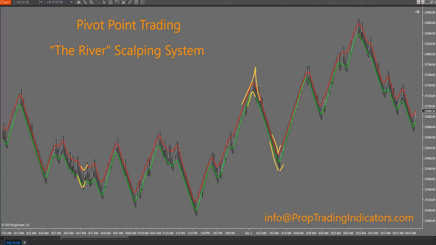We have to see the hook of the River, and then it would target with some sort of symbol. I'm not sure what I'm going to use for the symbol. We're already using dots, we're already using diamonds, so we'll use something else. You'll get an audible tone that will be a third-party tool's output, and then you can trade them manually. Stop never more than the most recent pivot, or wherever the symbol is on the chart.